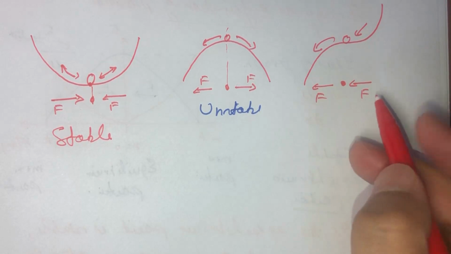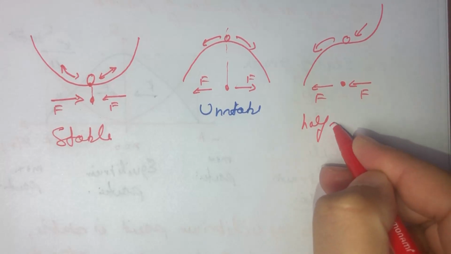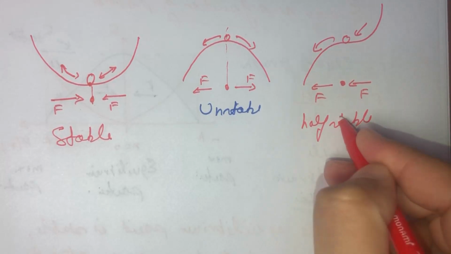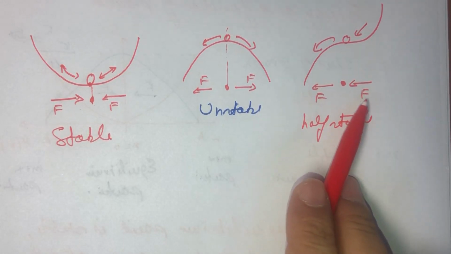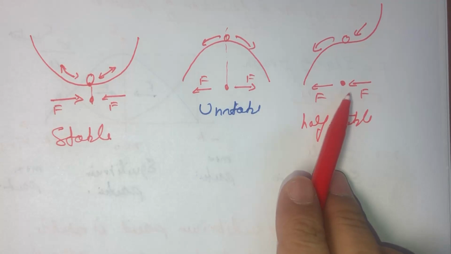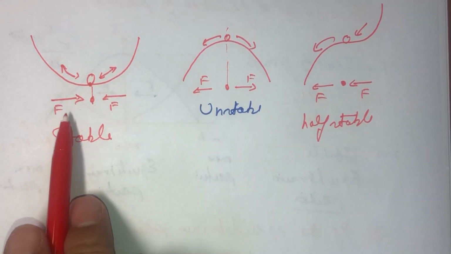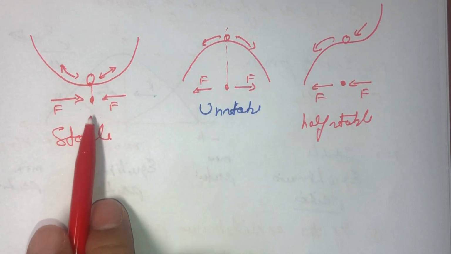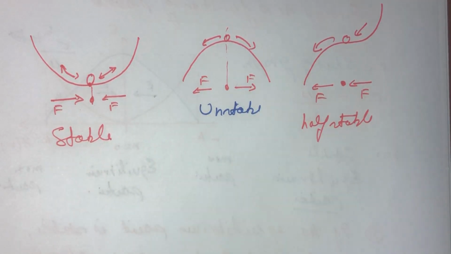Okay, so we call this half stable. It is called half stable because one of the forces is pointing towards the mean position. Here both the forces are not towards the mean position, and here both the forces are towards the mean position. So this is stable, unstable, and this is half stable.